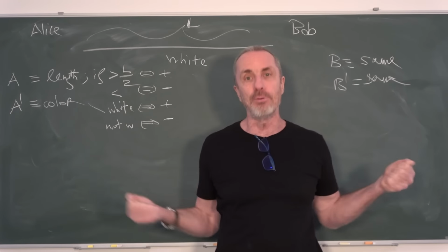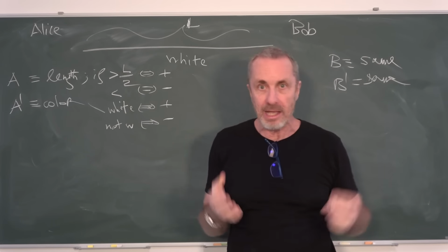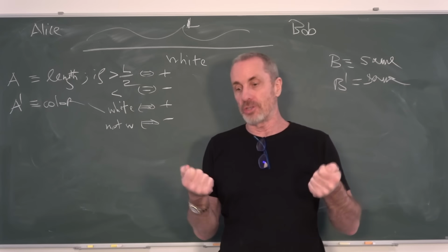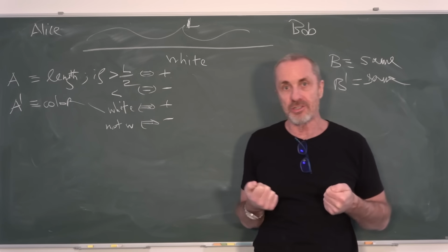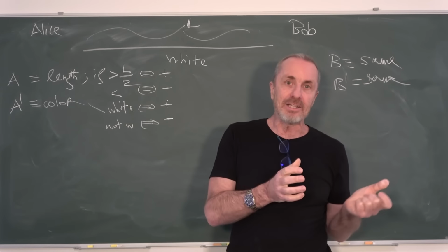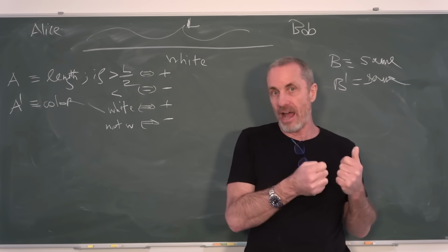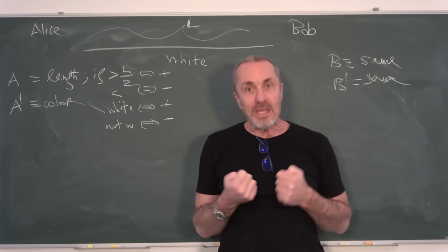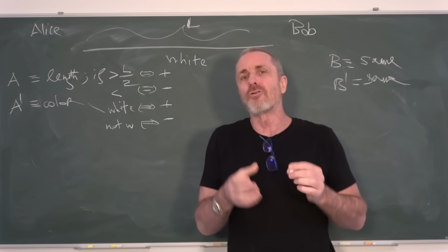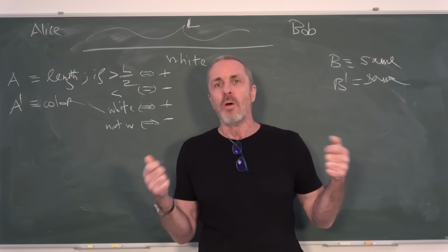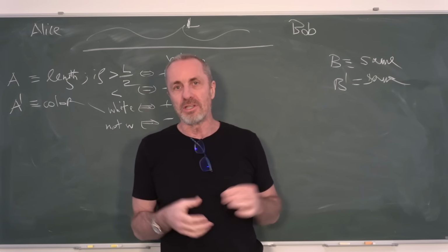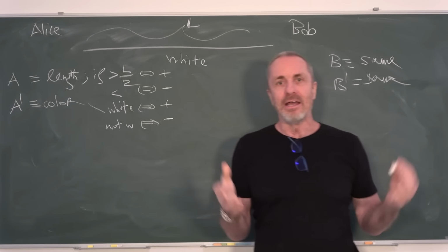So the string will break at some unpredictable point, which means that Alice and Bob will each collect a fragment of the initial string. Depending on the point where the string breaks, either Alice or Bob will collect the longer fragment. So you immediately see that they will have anti-correlated outcomes. And of course, we can neglect the situation where they collect exactly the same length, because this is what mathematicians call a zero measure event.